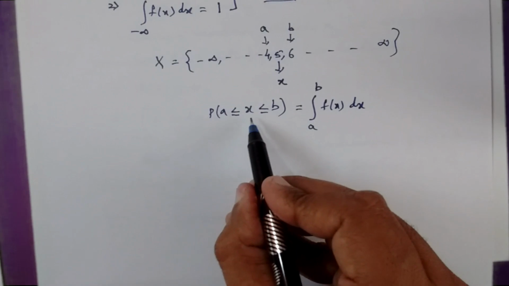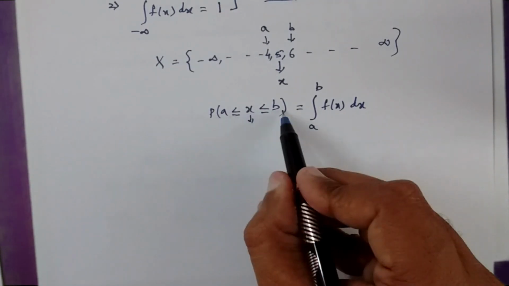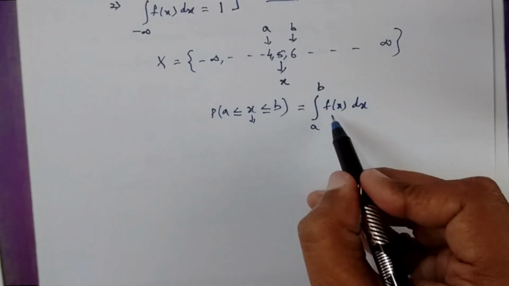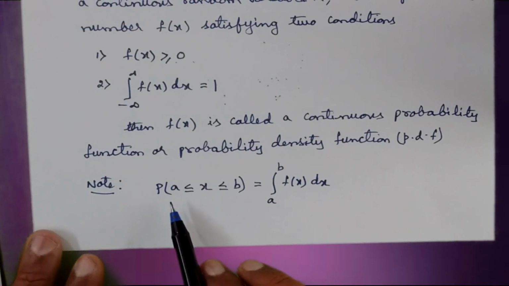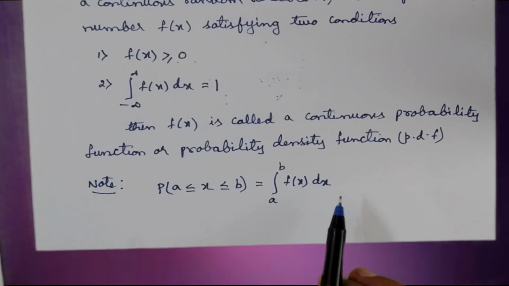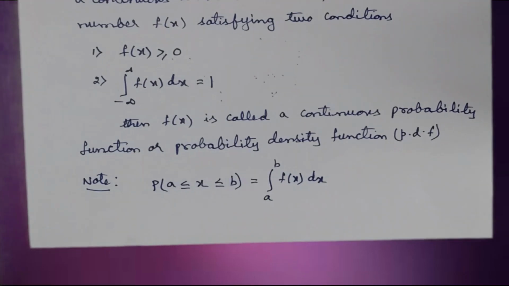So whenever you want to find out the probability of any value x lying between any two random values a and b, you can use this formula: integral a to b f of x into dx. So that is what I have given as the result over here. Probability when the value of x lies between a and b is integral a to b f of x into dx. So this formula we'll try to use while solving the problems.